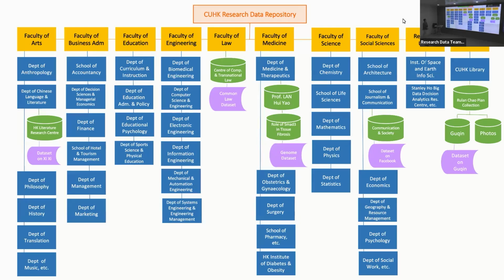And before going into the actual steps of working inside the data repository, we have to learn the structure of our CUHK Research Data Repository. In fact, you can think there are many folders inside the CUHK Research Data Repository. The CUHK Research Data Repository is itself the biggest folder.